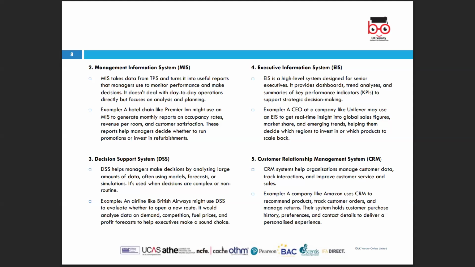With decision support systems, an example is an airline like British Airways, which might use a decision support system to evaluate whether to open a new route. By analyzing data on demand, competition, fuel prices, and profit forecasts, it helps executives make a sound choice.